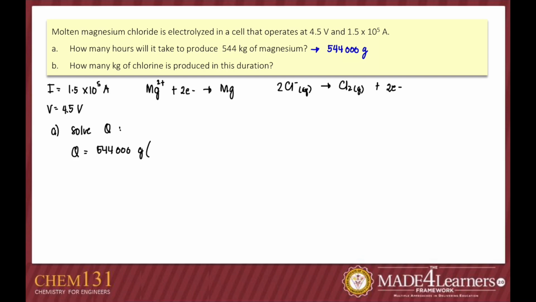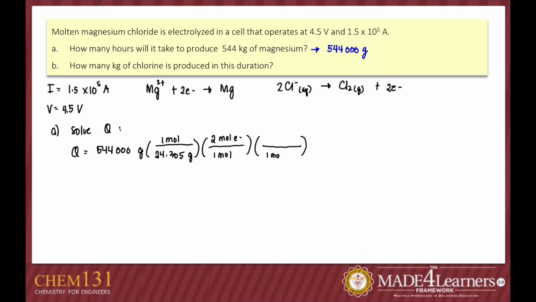We're going to use the atomic mass of magnesium. So we're using here 1 mole for 24.305 grams of magnesium. And then from the number of moles, we convert that to the number of moles of electrons. We can see from the half reaction that for every 1 mole of magnesium produced, 2 moles of electrons are transferred. From moles of electrons, we convert into coulombs.